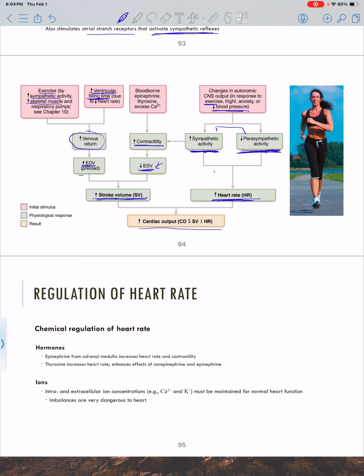What can increase our contractility? Calcium. That's huge. The more calcium we have, the more cross-bridge formation we can have. Also chemicals like thyroxine and epinephrine, which we already talked about. So look at this flow chart and make sure that you understand the effects, and then we'll do a worksheet on it in class.